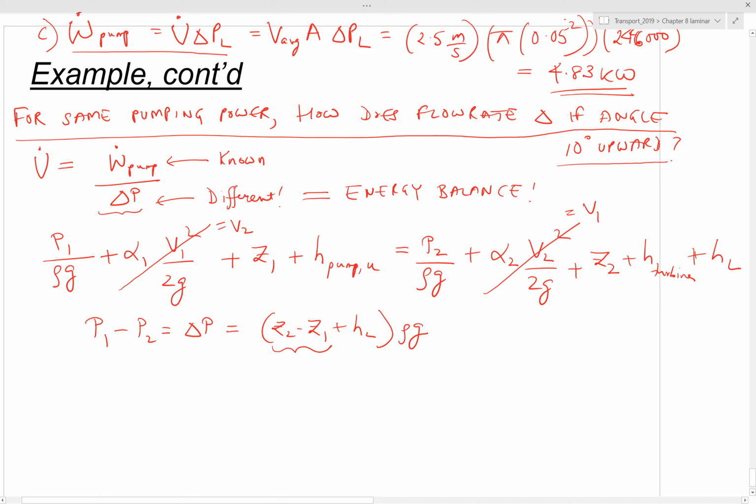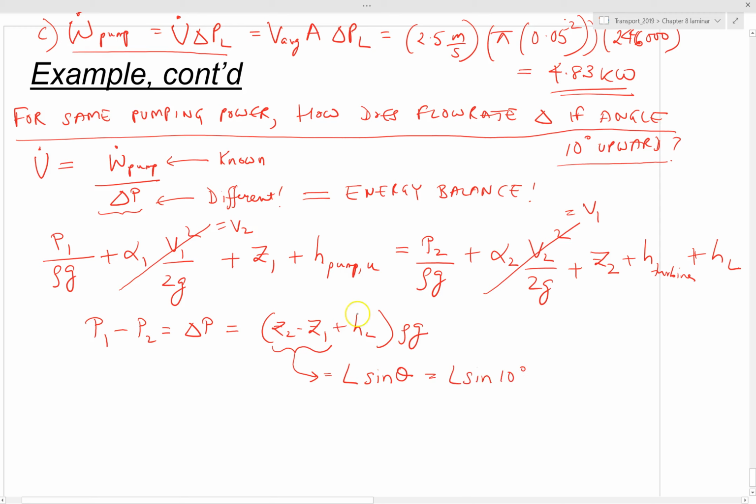Height difference. This is where your angular elevation or angular orientation of the pipe comes into play. So the height difference is always L times sine theta. In this case, L sine 10 degrees.